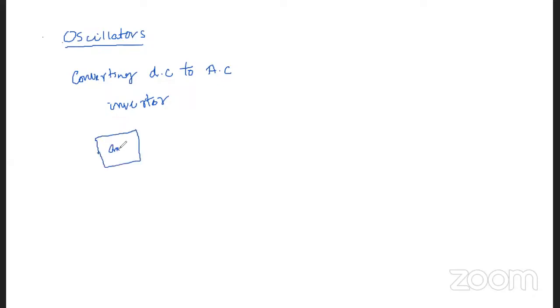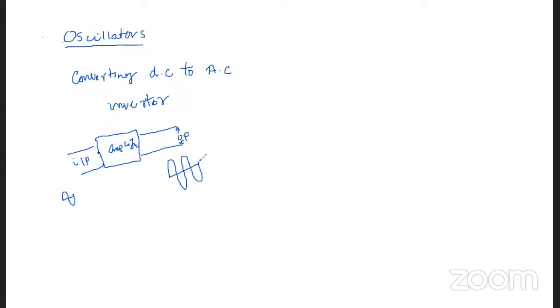We give an input to it and expect an output. If you take any signal as input, in the output we expect a higher magnitude, that is, the power is increased.